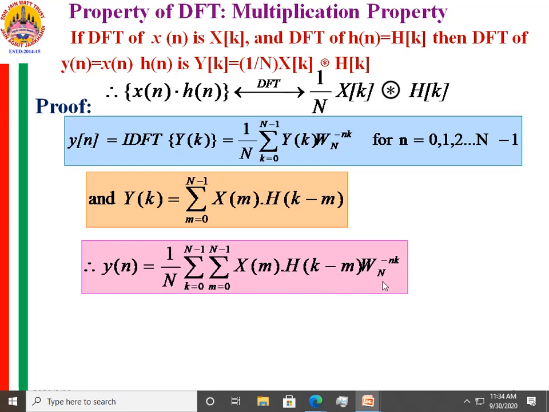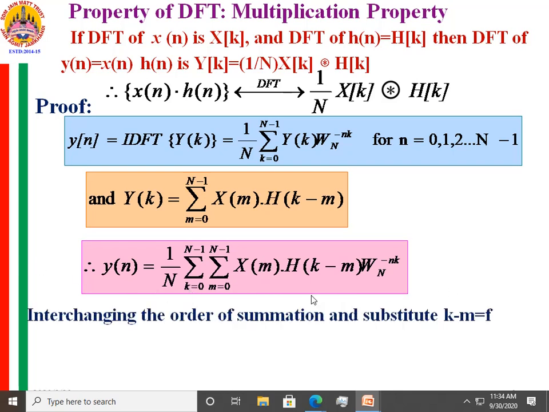Now interchanging this order of the summation, X[m] and summation m from 0 to N minus 1, take it outside, and k equal to 0 summation will take inside, and afterwards replace this k minus m with some other variable, say f. So if I replace k minus m with f, k will be replaced with m plus f in the equation.